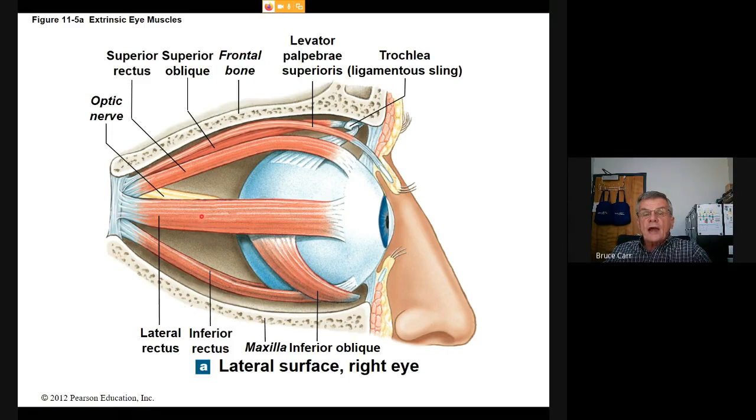So this is the lateral rectus, attaching from back here where there's a hole for the optic nerve to go out of. But from the connective tissue that's around that hole, the lateral rectus attaches here to the lateral side of the eye. If you shorten that, you can kind of see that you would rotate the eye and its iris in the lateral direction.